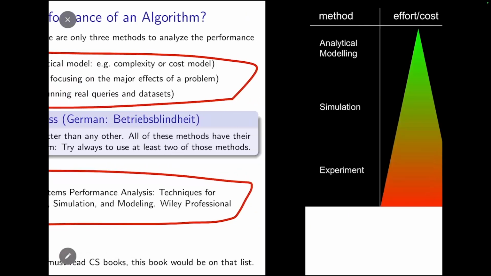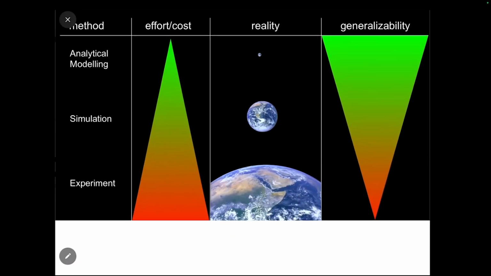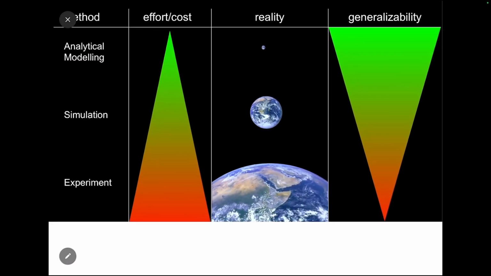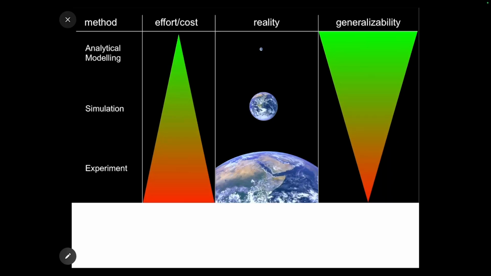And the visual representation is something like that. Here you have these three methods. Analytical modeling, cost models, or complexity is relatively easy to do, not in all cases, but in many. So the effort is low. It's not really down to earth. It's far away, abstracting from a lot of information.